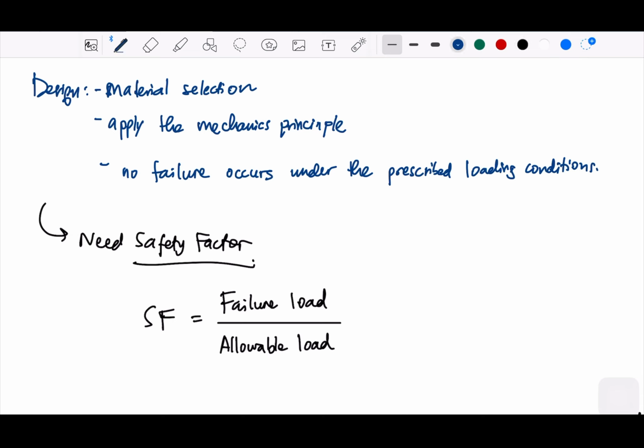Of course, the failure load is practically higher than the allowable load, right? So the ratio will start from 1 and be greater than 1. The safety factor will always be greater than 1.